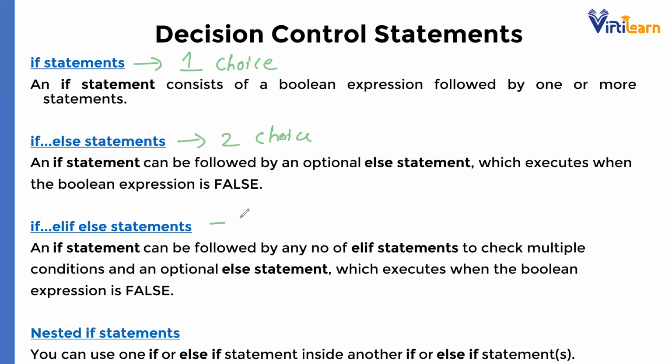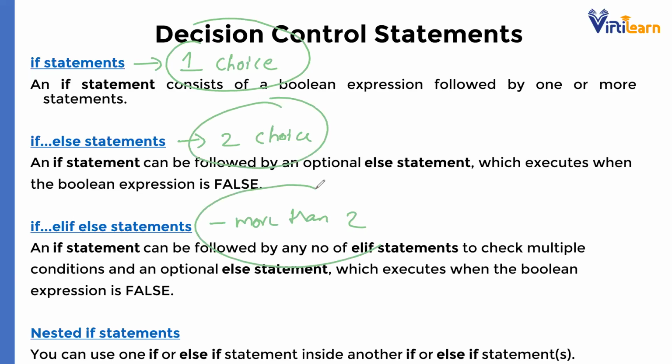When you have more than two, you will be using if elif, and nested is nothing but keeping an if else inside another if else. So if one single condition was true, we go ahead and ask other conditions there. For now, remember, it's pretty simple: if for one choice, if else for two choices, if elif else for more than two choices.